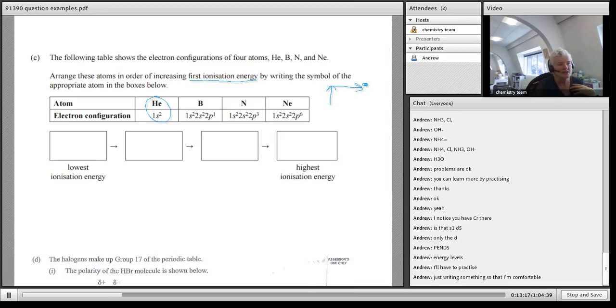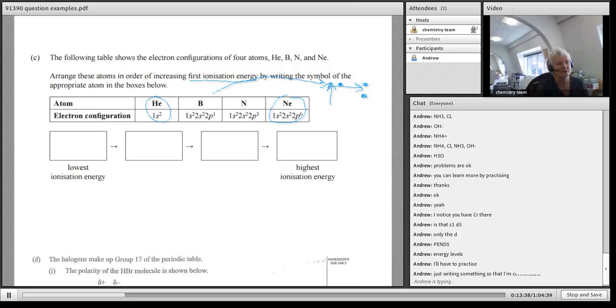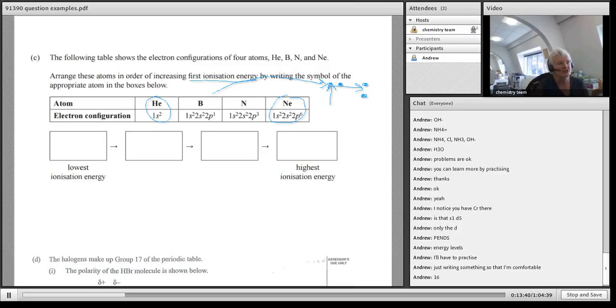Neon is, of course, below it. So it'll come below it. Now you are given a periodic table, so this is not particularly difficult. And boron would be sort of, well, it's actually about there. Okay, so ignore that, and then nitrogen is over there.